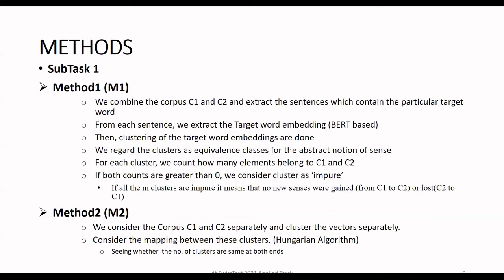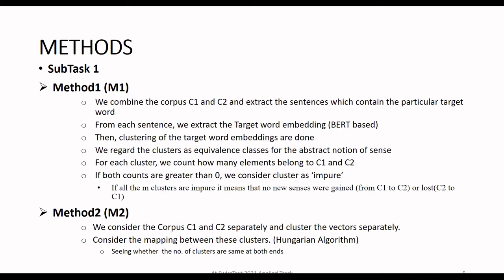Now, specifically for subtask 1, we had two methods slightly differing from each other. To explain, in method 1, we combined the corpus C1 and C2 together. We operated at sentence level, so the corpus was divided into sentences. For the given input target word, for example the word cell, we extract all the sentences which contain the word cell from these two corpora. They are compiled together and represented using the BERT contextualized embeddings, and the target word embedding, that is the representation for the word cell, is extracted from each of these sentences.